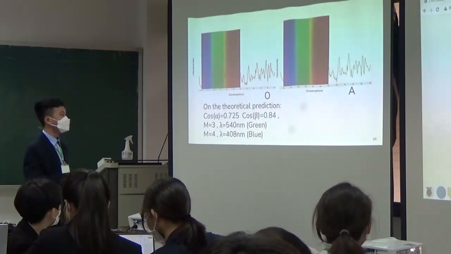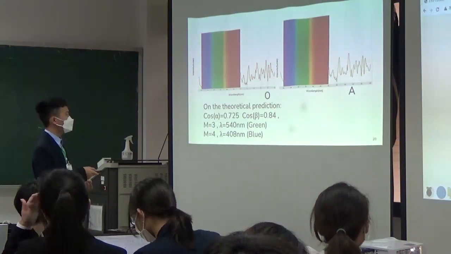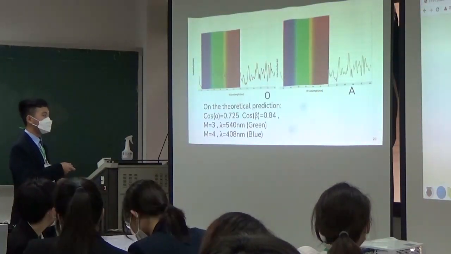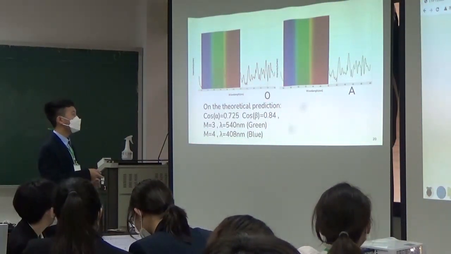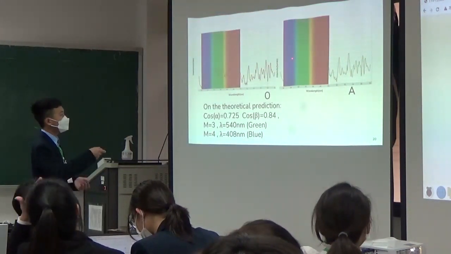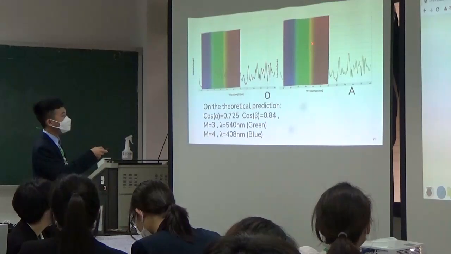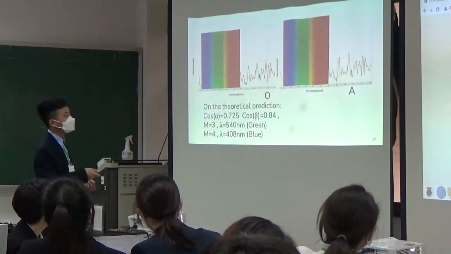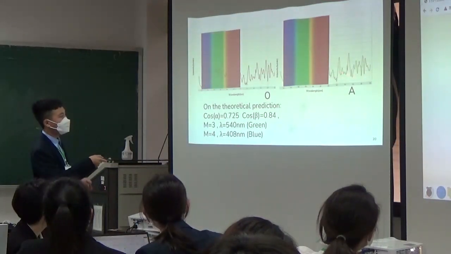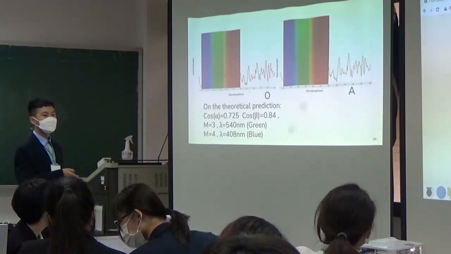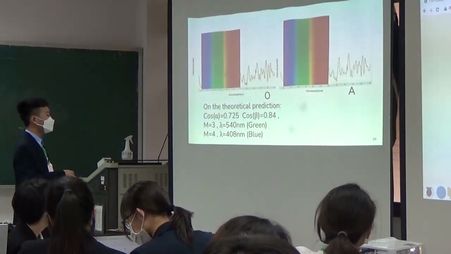This is our first graph. We used cosine alpha as 0.725 and beta as 0.84, and this is the graph we get. There's a green peak here and a blue peak here, and the red peak just stays constant, and the background almost corresponds to the LED. There are two peaks.